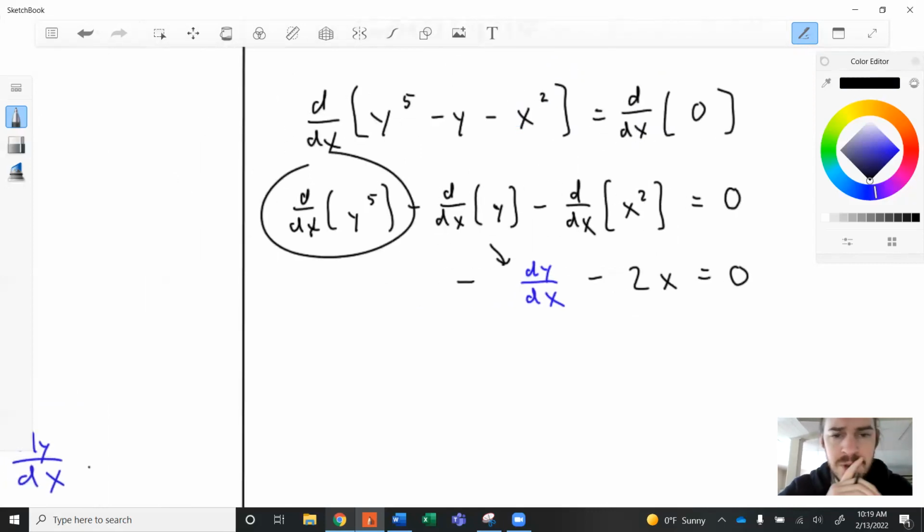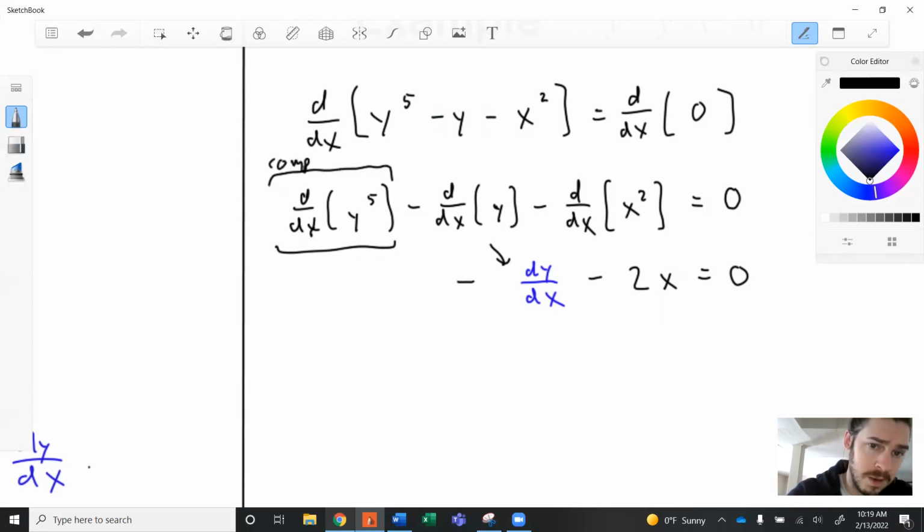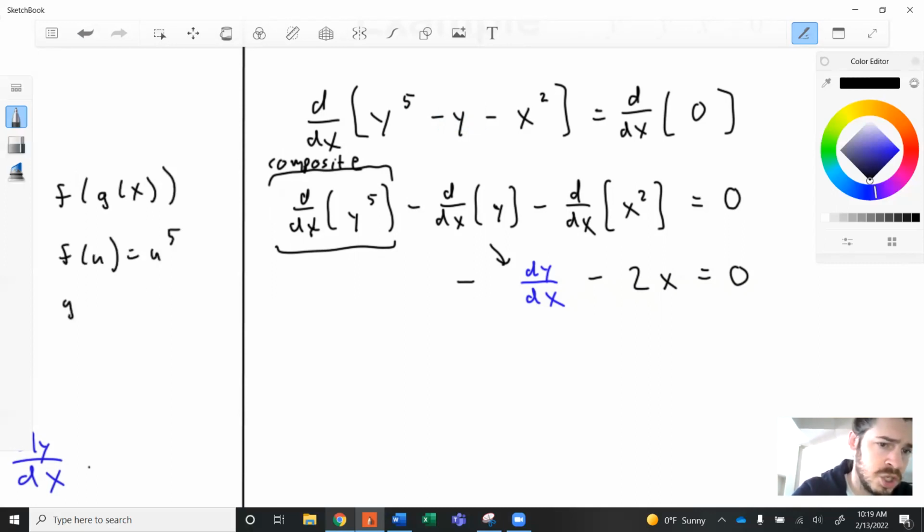So here we have not just the derivative of y with respect to x, but rather the derivative of y to the power 5 with respect to x. This is actually a composite function. Maybe it doesn't look like it, but it's composite. The outer function is like f of g of x, where the outer function f of u equals u to the power 5, and the inner function g of x is equal to y. That's a different arrangement than we've seen before, but it's still a composite function.